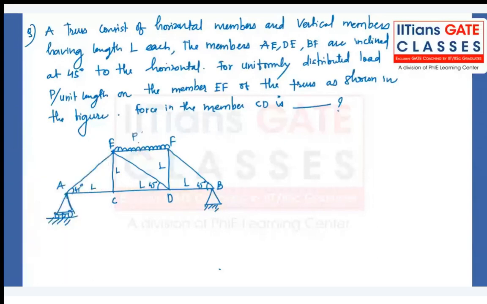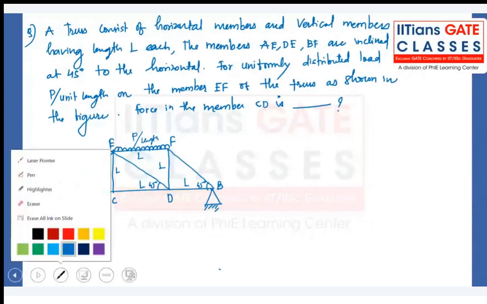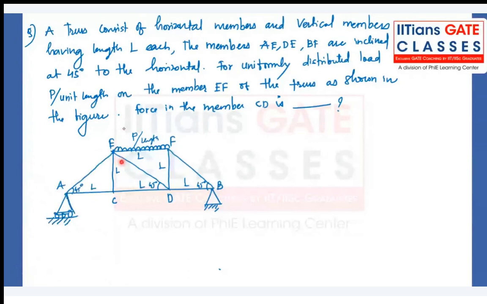Length is L, right? So this is the uniformly distributed load on the member EF. And what they are asking is the force in the member CD.